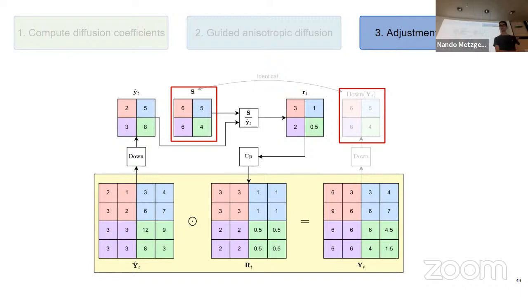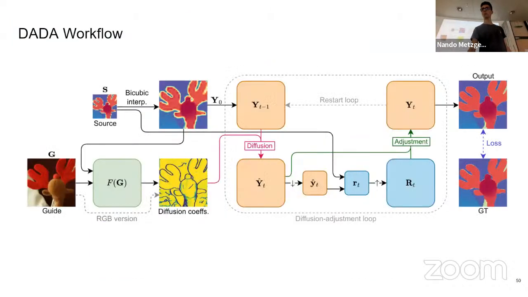A question which I never understood when I read these kinds of papers, maybe you can help. If you go back to this overview, you have the ground truth, and this source. Is it just the downsampled ground truth in the training?